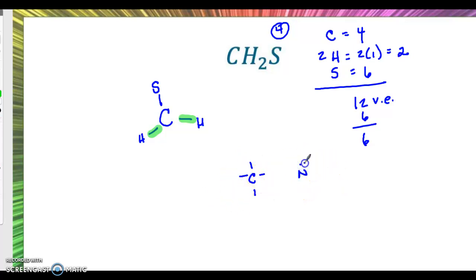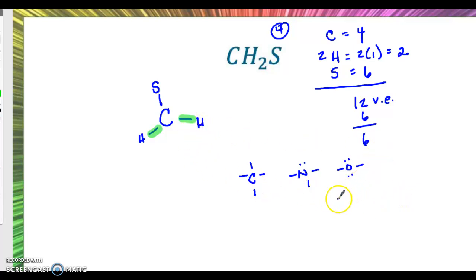Nitrogen and phosphorus, which is underneath nitrogen, like to have 3 bonds and a lone pair. And oxygen, and sulfur is below oxygen, so this applies to sulfur as well, likes to have 2 bonds and 2 lone pairs. Okay, you'll notice that something's kind of different than the previous formulas we've drawn out.